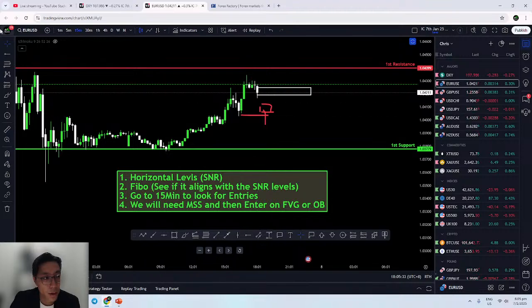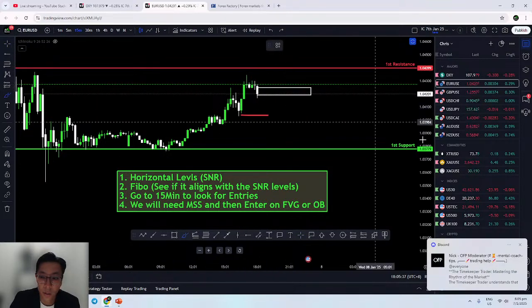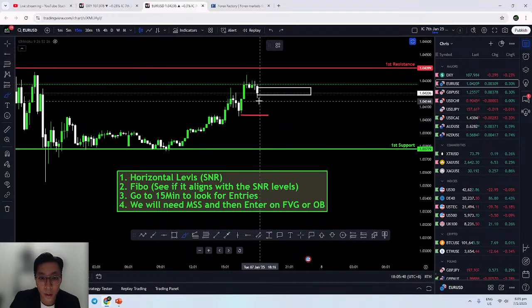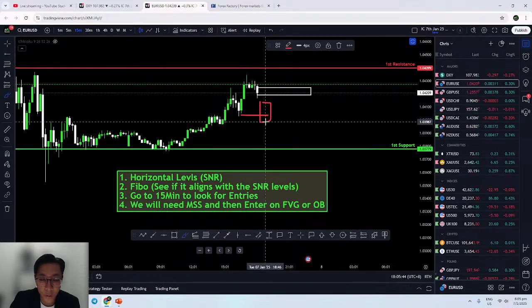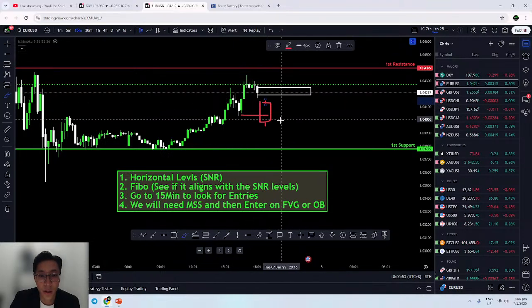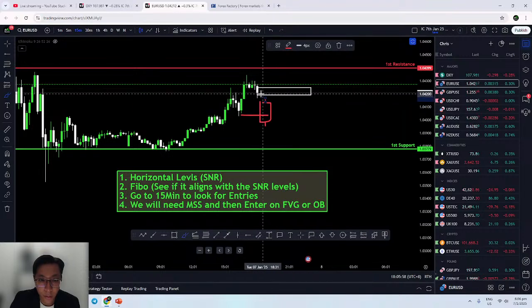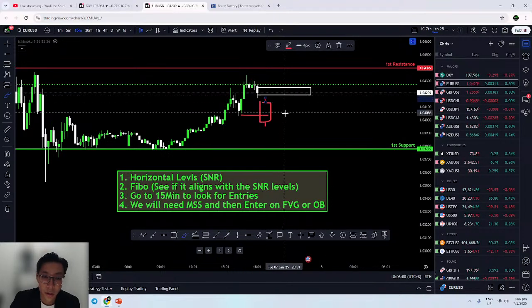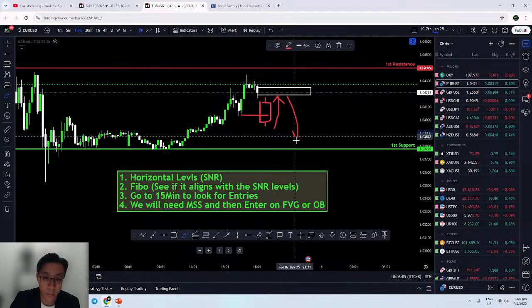For me, no. What I'm looking for is price to close below, and best is if we don't have a top wick. Sorry, we need a top wick right here to create a FVG. Then price will usually come in, fill that gap, and then come down.